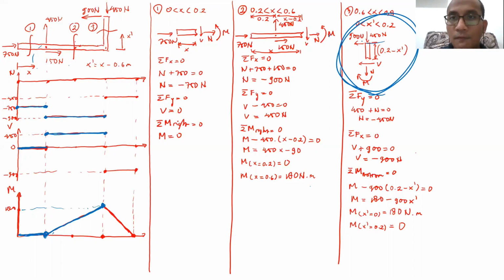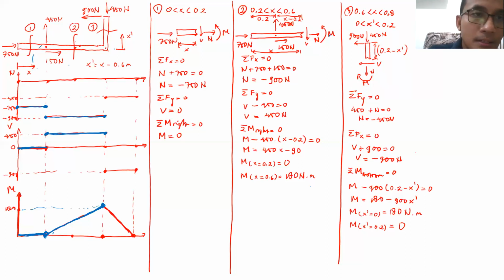At the top, we have 450 Newton going down and 900 Newtons going to the left. The distance from this point to the cut is x-axis. The distance from the top to the cut will be 0.2 minus x-axis.